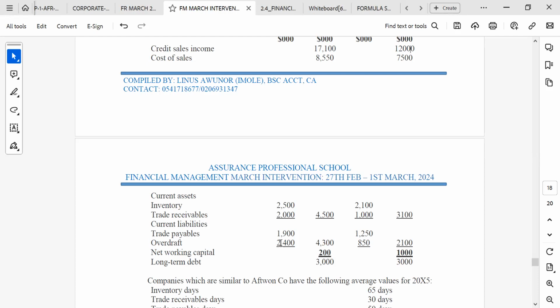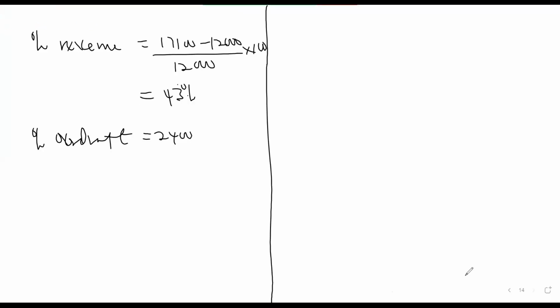Now it is 2,400. So what is the increase in it? It will be 2,400 minus 850, divided by 850, times 100. What is the increase in the overdraft?